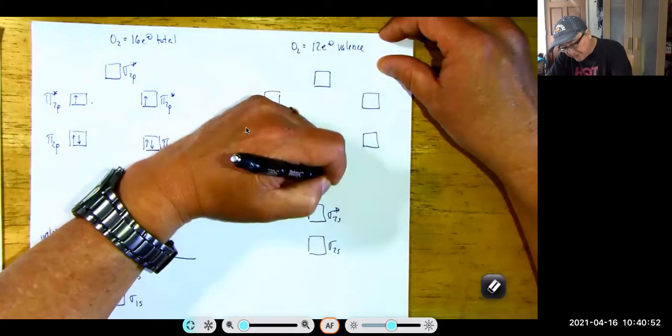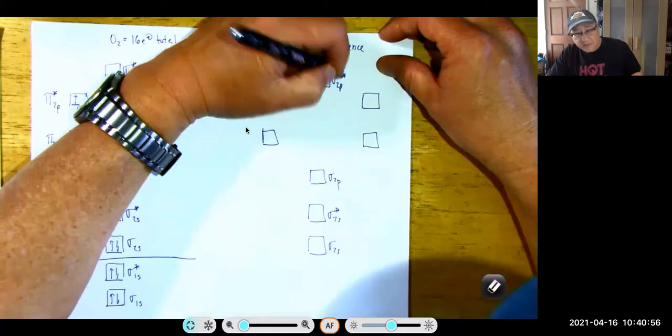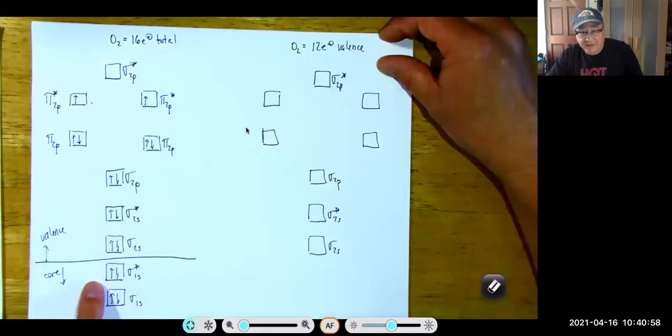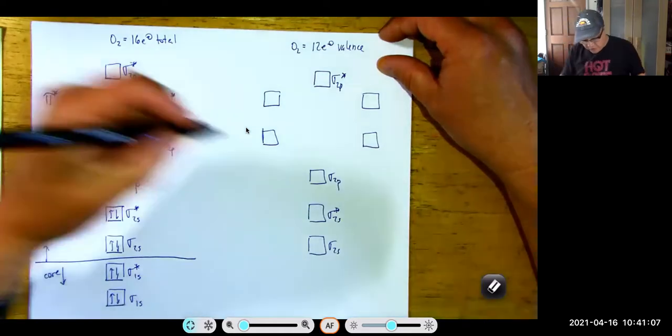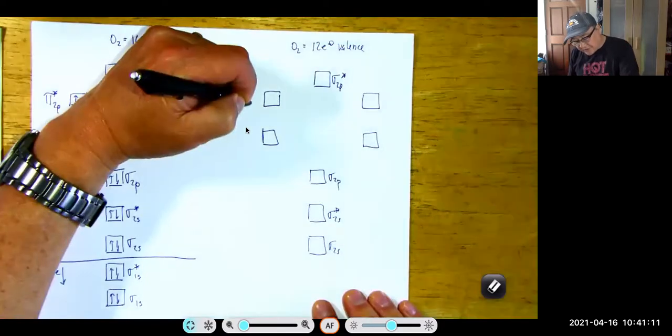The reason that people do this sometimes is because if you take a look at these down at the bottom, they cancel automatically, don't they? So you're never going to get a sigma bond down here. So why bother even showing it?